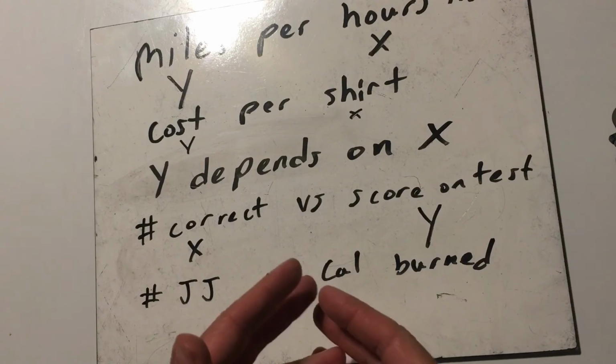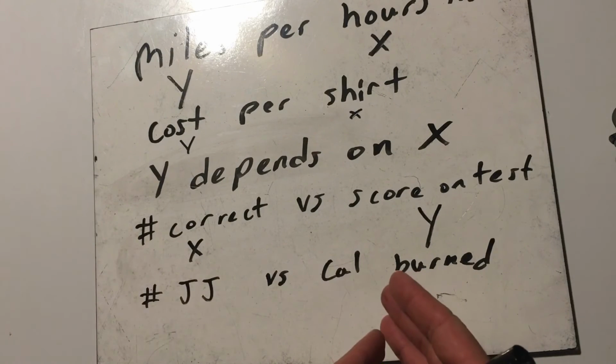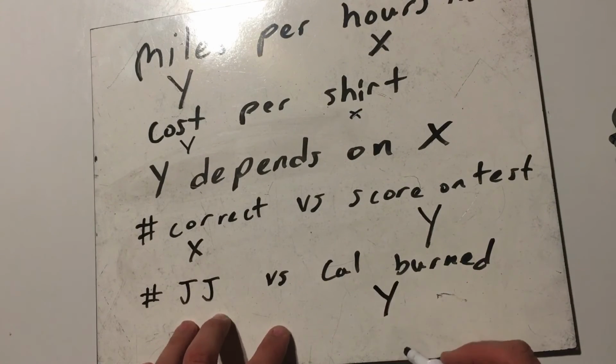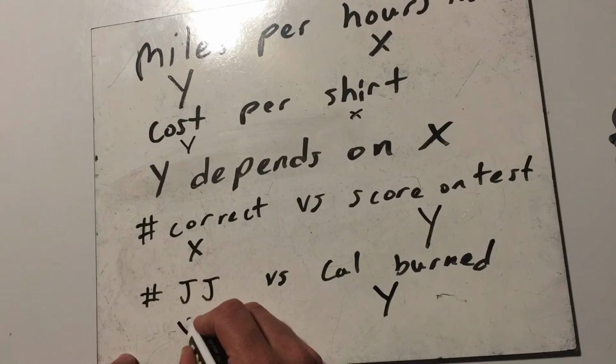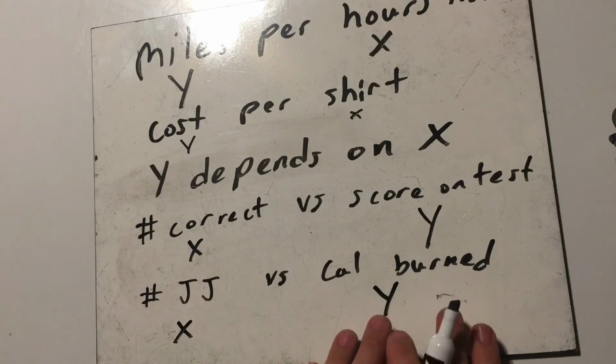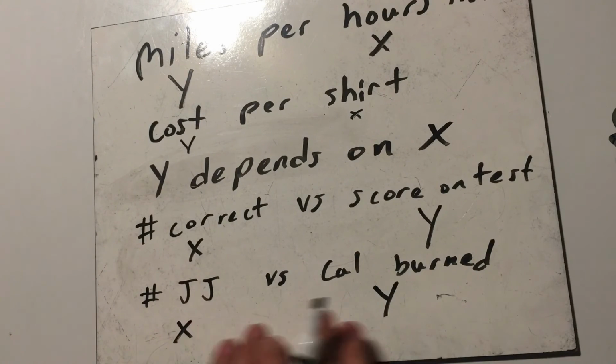Well, I have to do the jumping jacks to burn the calories. So actually, the number of calories burned depends on the number of jumping jacks, right? Because I have to do the jumping jacks to then burn the calories. So that tells me my X and my Y.